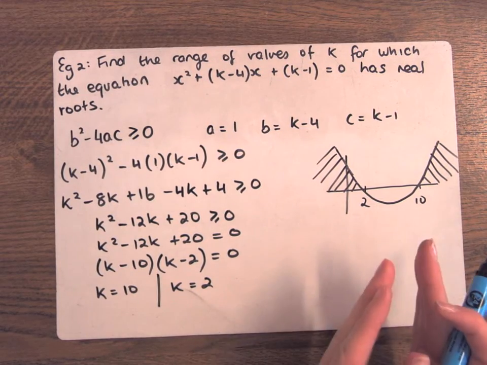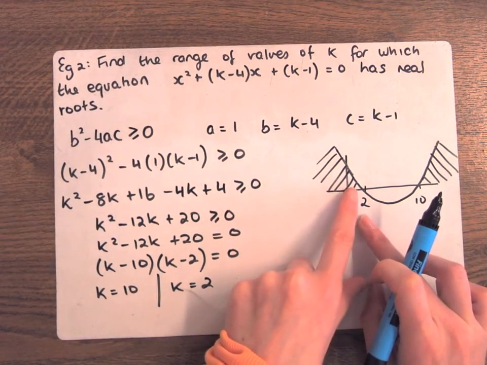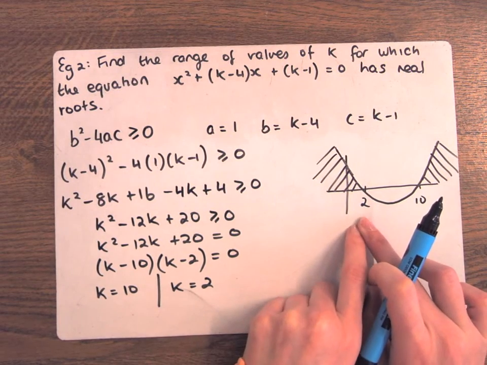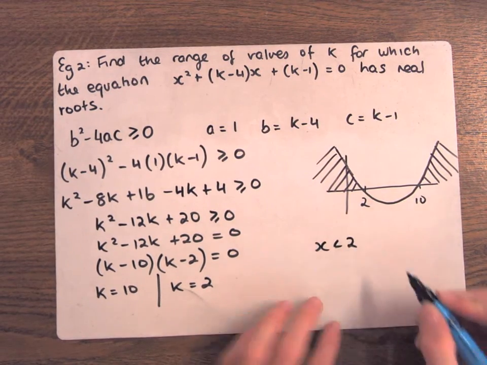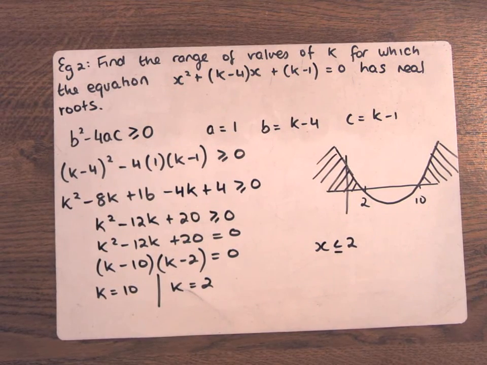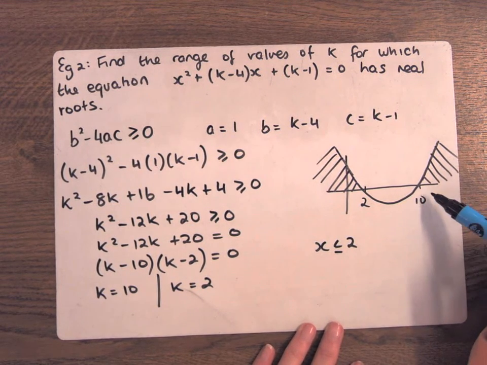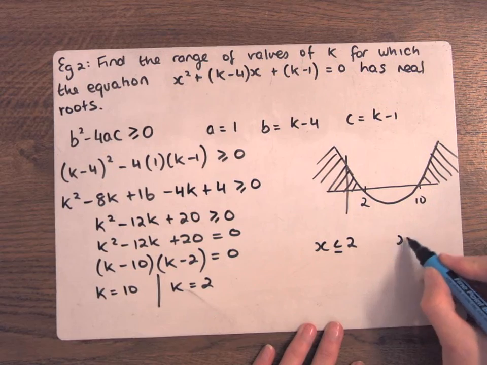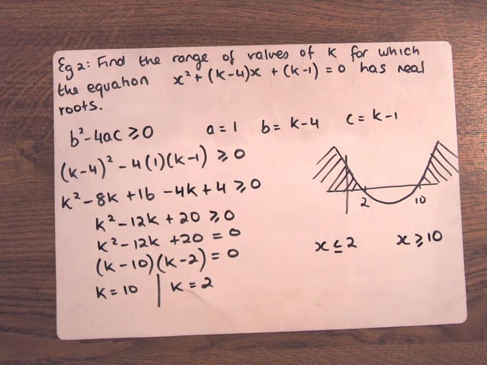They were connected, so it was an interval. These are separate. So, all this shading is what in relation to 2? Less than 2. x is less than 2. Now there's an or equal to there, so put an or equal to there. And here, all this shading is what in relation to 10? x is greater than 10. And there's an or equal to there, put an or equal to there.